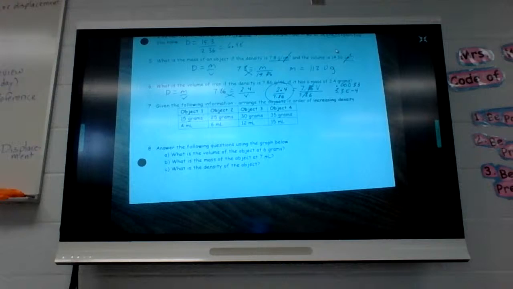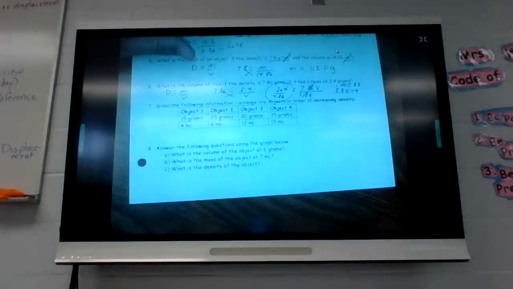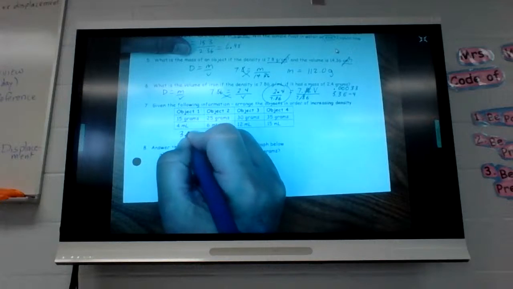All right, number 7. Arrange these in order of increasing density. So what's the first thing we need to do? Find the densities. So 15 divided by 4 would be 3.75.